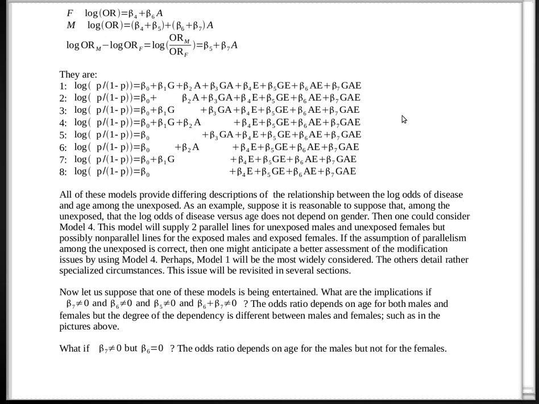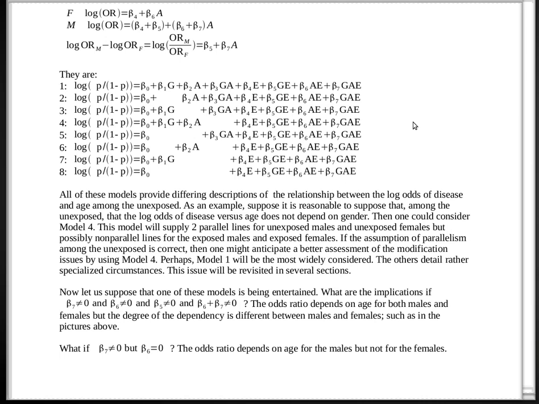But my point for you is just to remind you that the equations that gave us the two lines in the log odds ratio, or the single line in the difference between the two log odds ratios, make any one of these 8 models at least possible conceptually. Now, it turns out there are other issues that we'll need to address, and I'll mention one of them in a little bit. I'm going to save that for the moment.